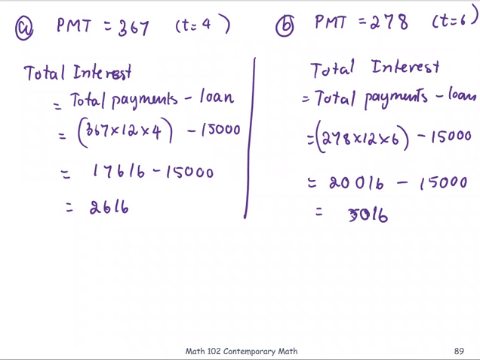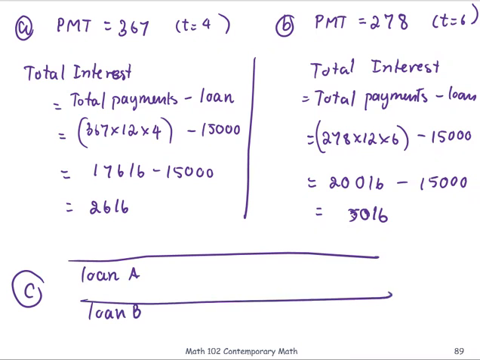So we complete part A and part B. With this, we have the answer for part C. The monthly payment, if you make a table, so for part C, for loan A and loan B, the PMT or the payment is 367 for loan A, 278 for loan B. So this is per month.